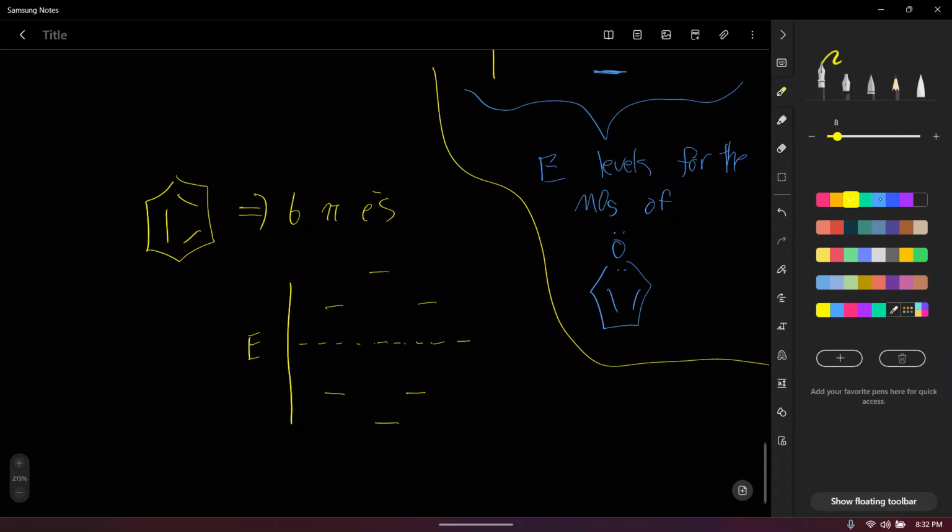Because it has 6 pi electrons, when I fill in this diagram, I fill it in like this: 1, 2, 3, 4, 5, 6. If you notice, all of benzene's electrons are in orbitals that are much lower than the 0 energy, meaning they are in very stable orbitals.